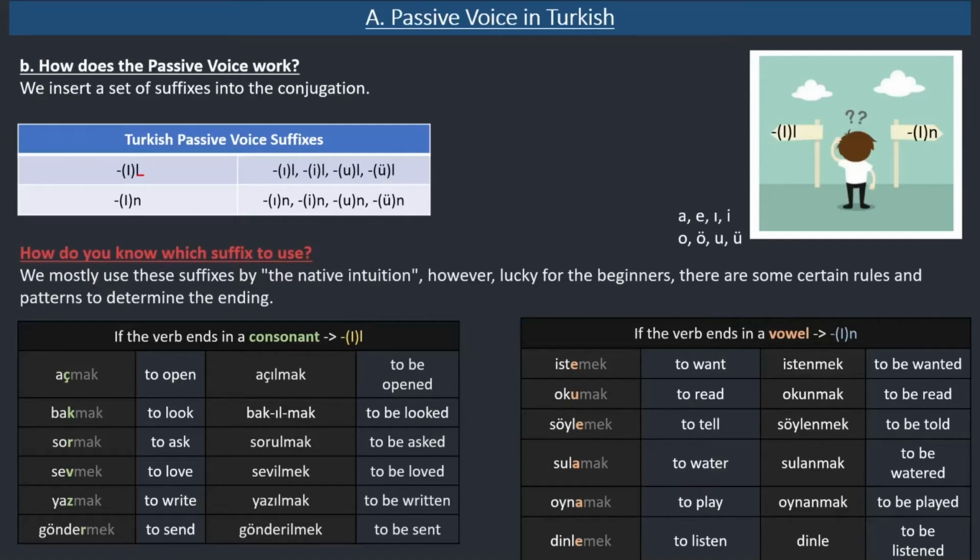But when the stem is this, it means to listen. Okay, so yes, that's how it works. You either choose il or in, but actually in this part, it's just n. So you just take a look at the last letter and then insert these options.